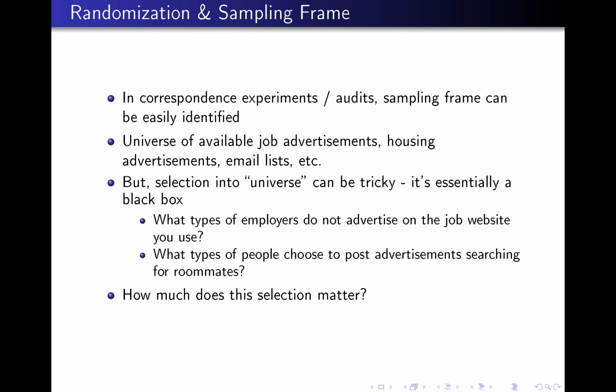And so we have to think about whether or not this selection matters, which people often do not think about very much because they're thinking about internal validity. We want to think about, what are we generalizing to here?